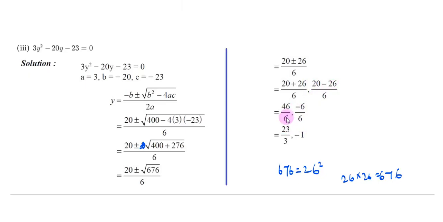Okay, now let us cancel using two tables. So 3 2s are 6, and here 23. 4 2s are 8... 2 2s are 4, and 2 3s are 6, and 23. So 23 by 3, comma 6 will be cancelled, so minus 1. So 23 by 3, comma minus 1. Understood?